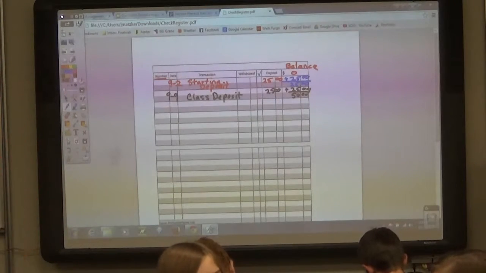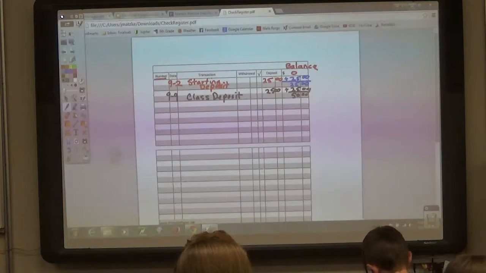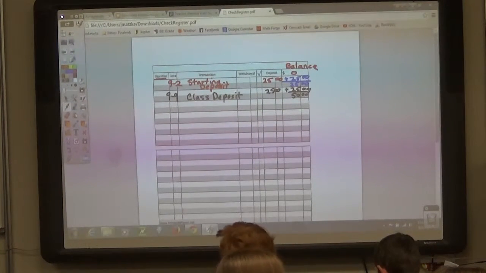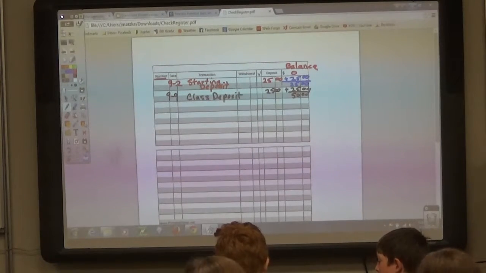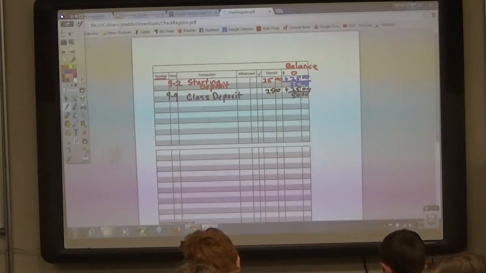There are more than one Max in the world. So if Max just writes Max on his official document, I might credit it to a different Max, other than Max Torfin. Okay? So that's why you have to use your first and last name whenever you write an official document.